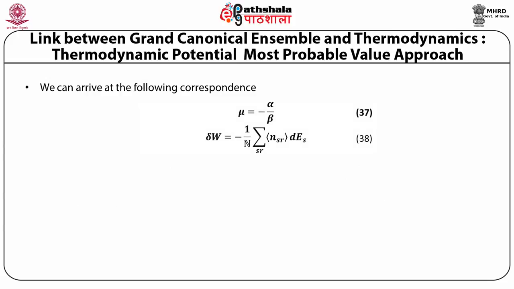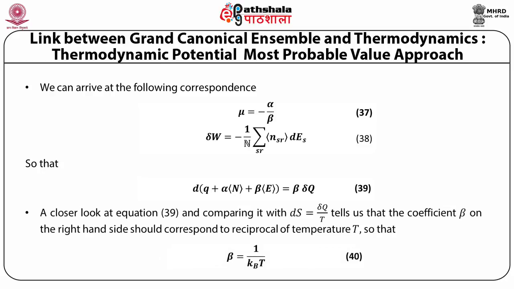Mu is equal to minus alpha upon beta, delta W is equal to minus 1 upon the number of identical systems in the ensemble multiplied by the summation over SR of the mean value of NSR dES, so that the differential of Q plus alpha multiplied by the mean value of the number of particles plus beta multiplied by the mean value of energy is equal to beta delta Q.